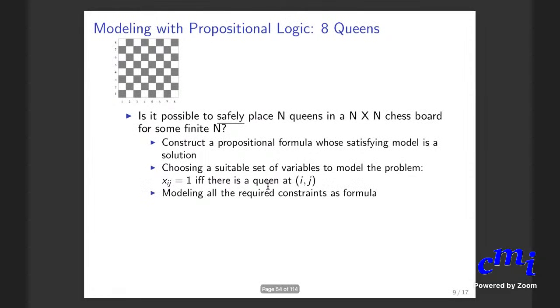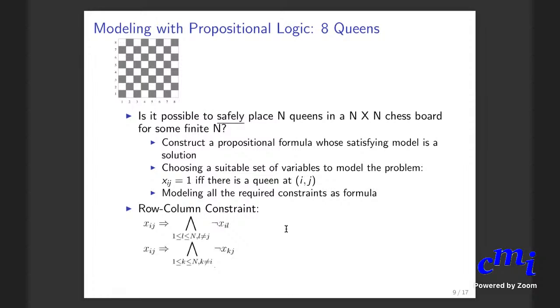Then the next thing is you have to model all the required constraints that the problem has to satisfy. You include each of those constraints as a subformula, and the conjunction of all those constraints will make your overall formula, whose satisfiability will in this case be a solution to the problem.